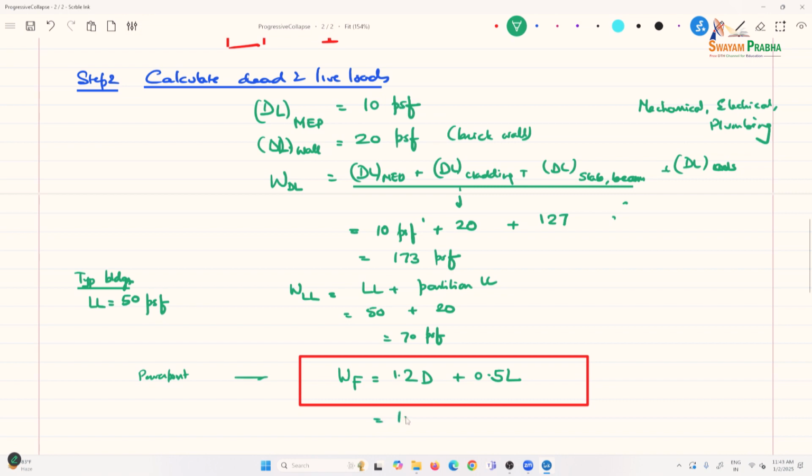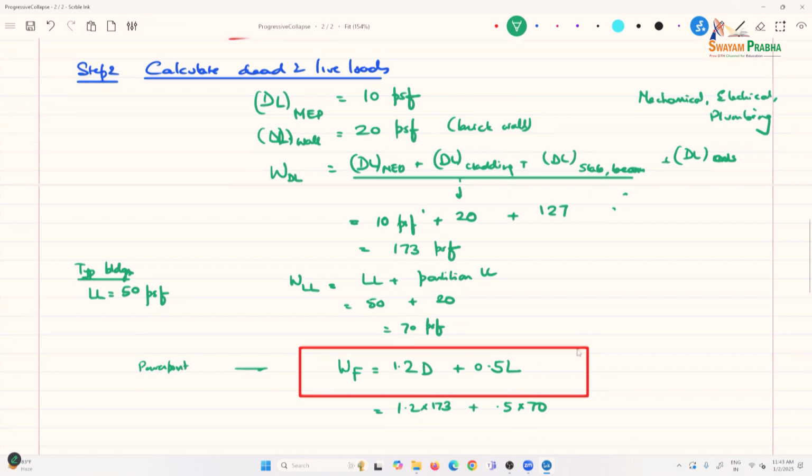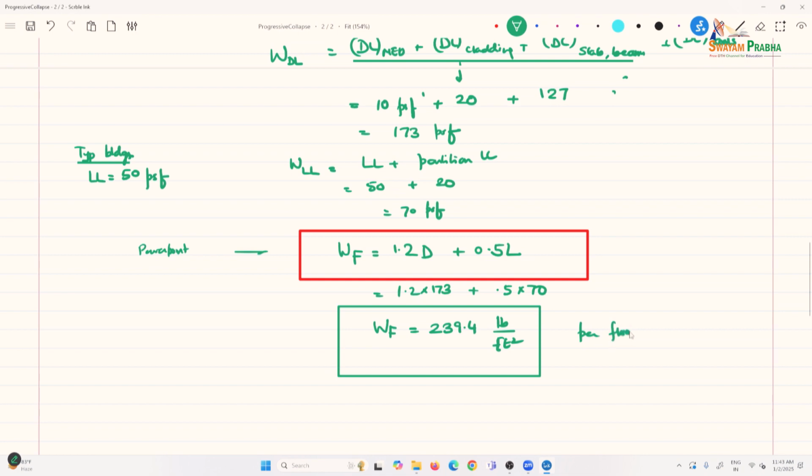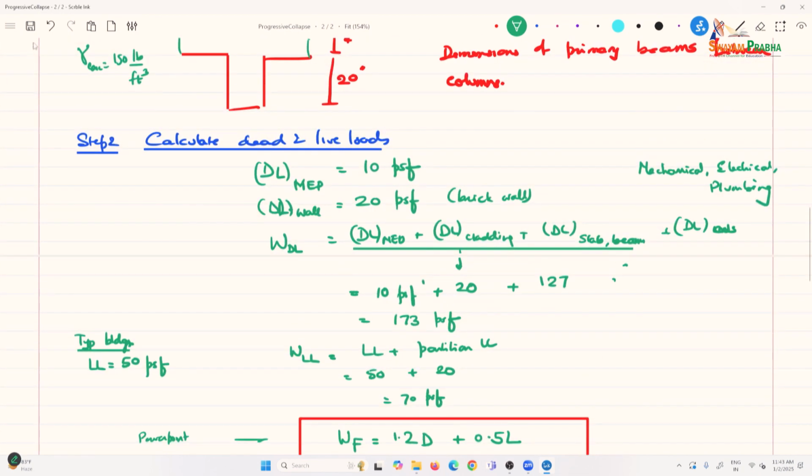So, it comes to 1.2 times 173 plus 0.5 times 70, and the total WF per floor is 239.4 pounds per square foot. So, any questions so far? Just a collection of a lot of data so far.